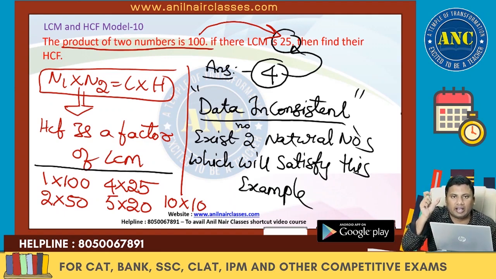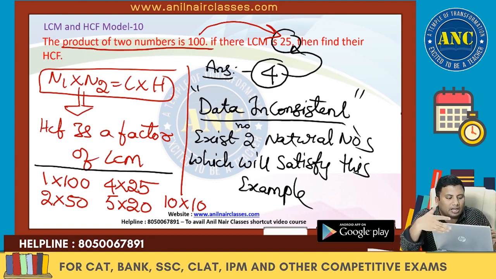Without reading the first point, you are reading point number 2. If anybody has taught you this formula without telling that HCF should be a factor of LCM, they are cheating you in the name of teaching. They do not even know the basics of the number system.